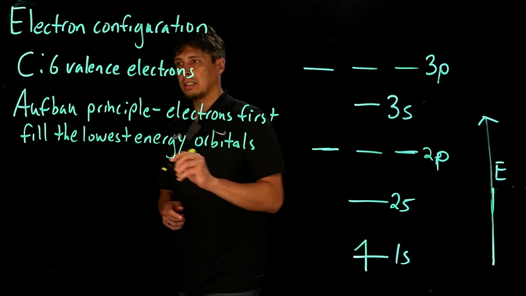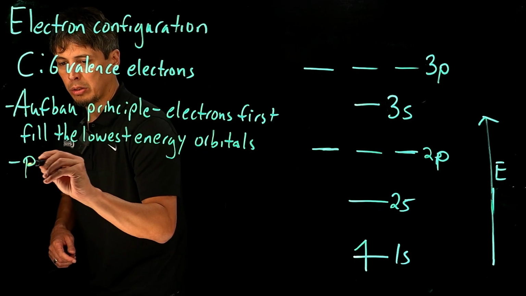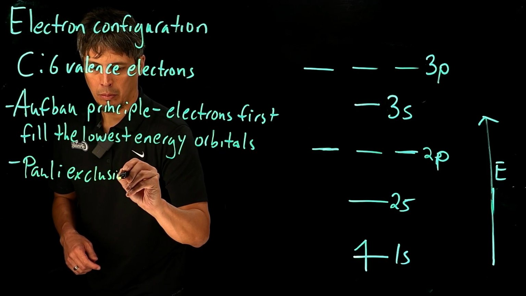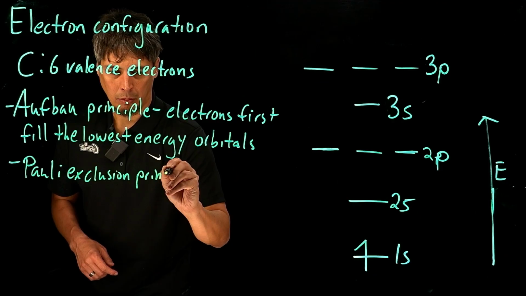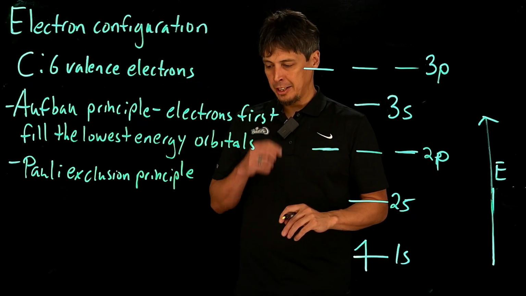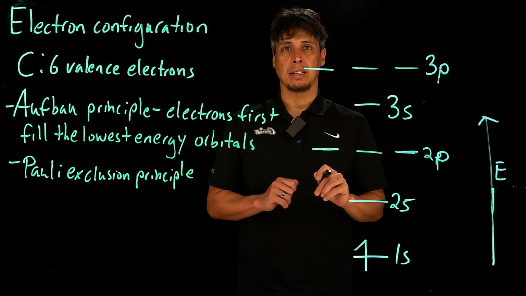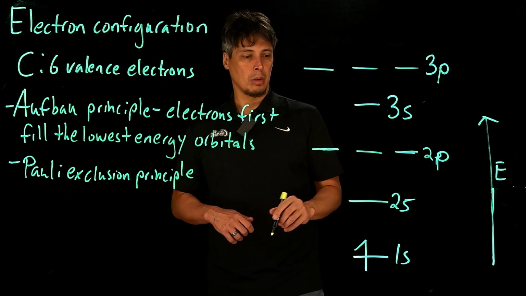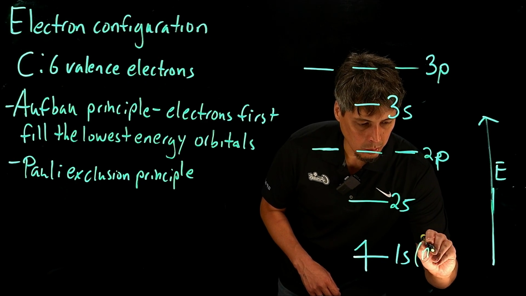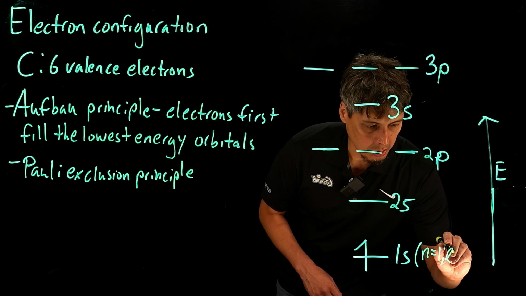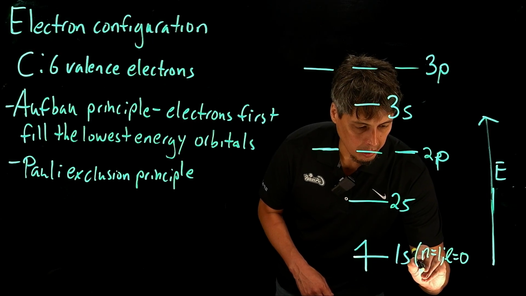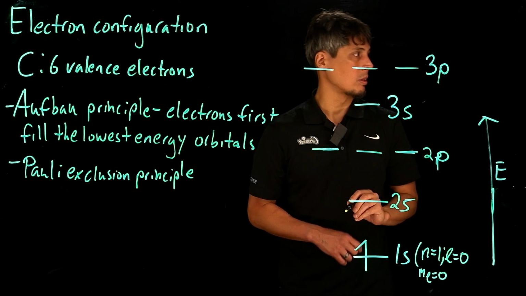The next thing we need to think about is called the Pauli exclusion principle. What this says is that each electron must have a unique set of quantum numbers. So if we're thinking about a 1s, what are our quantum numbers? Well, n is equal to 1, l is equal to 0, and ml is also going to be equal to 0.